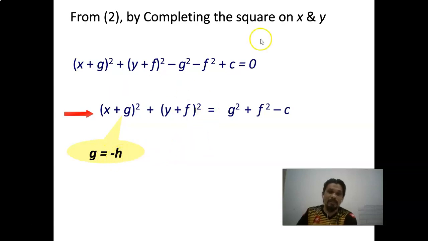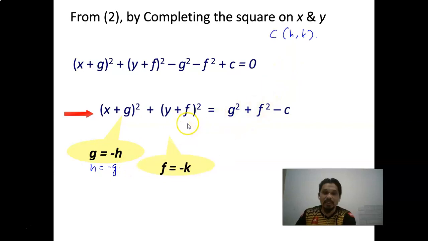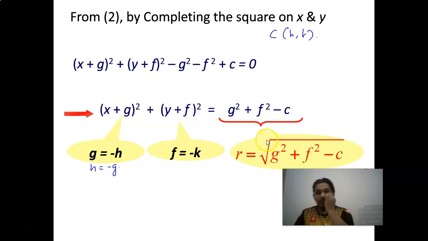Do you still remember, previously, when we mentioned that the center is h and k? So in this case, if we compare with this one, g equals negative h, or maybe we can remember this as h equals negative g. And f equals negative k, and this is to find the radius of the circle.